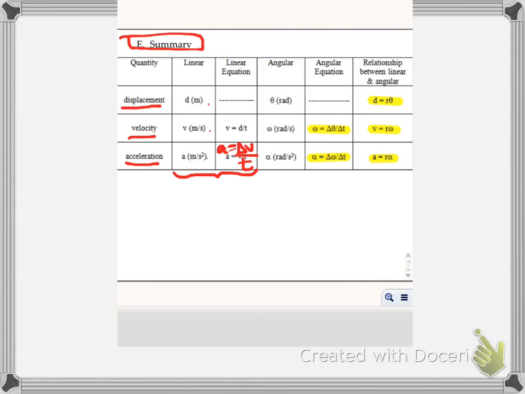The angular version is for something that's spinning. So before we did things that move in a straight line, and then today we're looking at objects that are rotating about an axis or spinning. So when you see that word angular, think in your head something that's spinning.